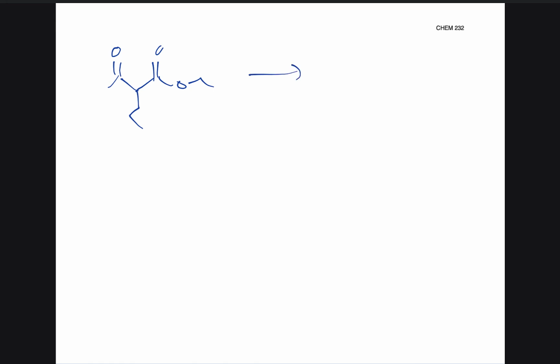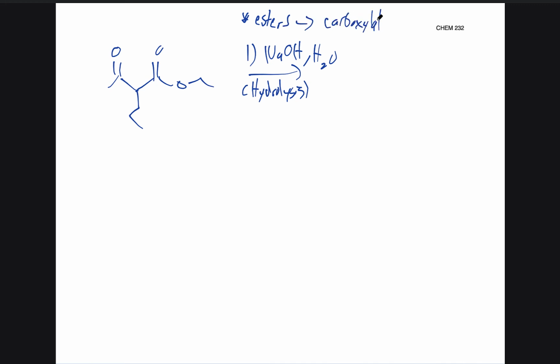And so I'm going to split up the next part into two steps. Step number one we had on the last page was this hydrolysis. Remember, this hydrolysis is what lets us turn esters to carboxylic acids. Saponification, you could also say. Okay, so we do this mechanism.